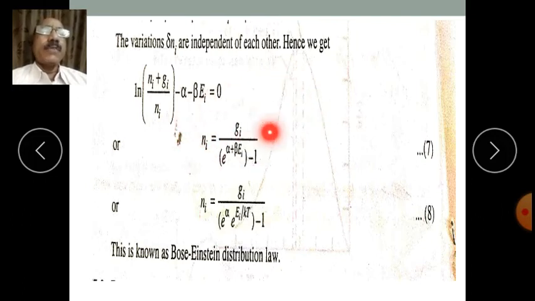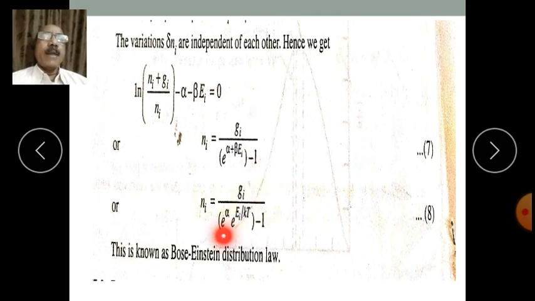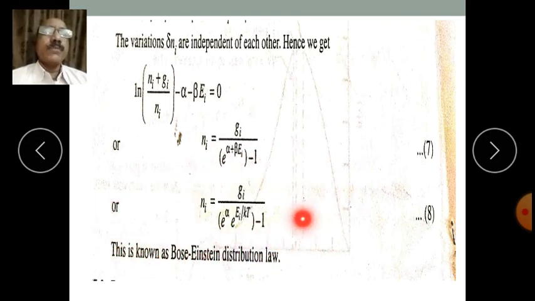So you can write Ni is equal to Gi upon (e to the power alpha plus beta Ei minus 1), or Ni is equal to Gi upon (e to the power alpha times e to the power Ei upon kT, minus 1), where the value of beta is 1 upon kT. This is called the Bose-Einstein distribution law, which is the most probable distribution for particles which are identical, indistinguishable, having zero or integral spin, and any number of particles can occupy a single state.